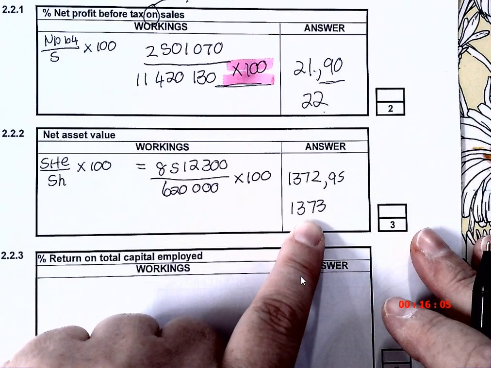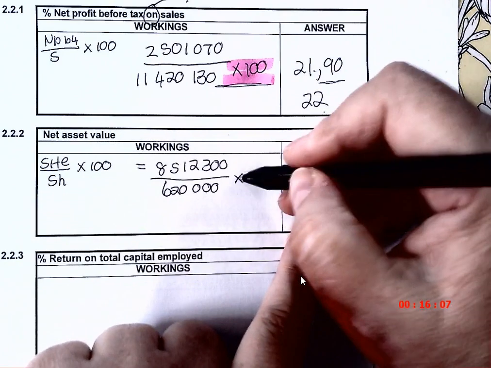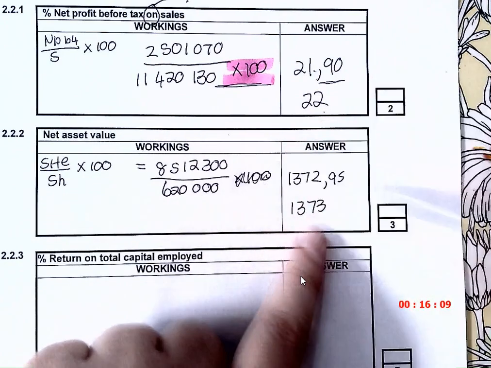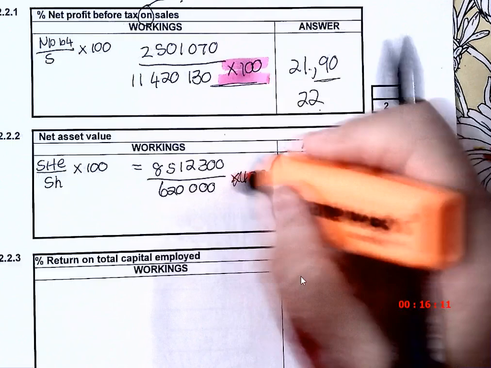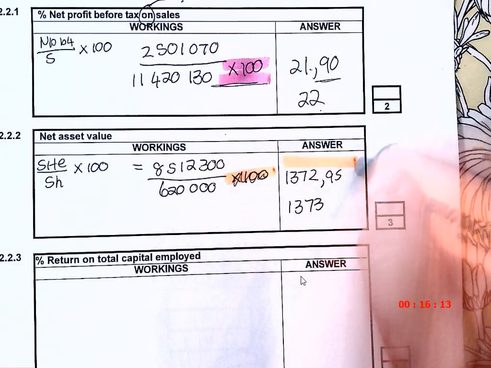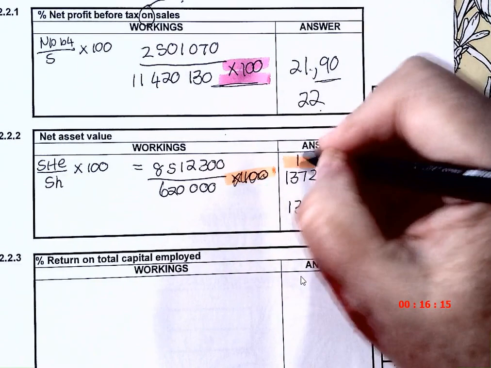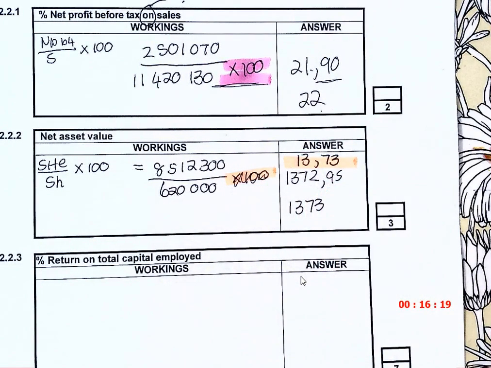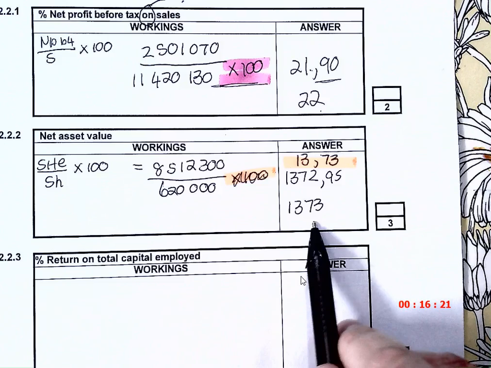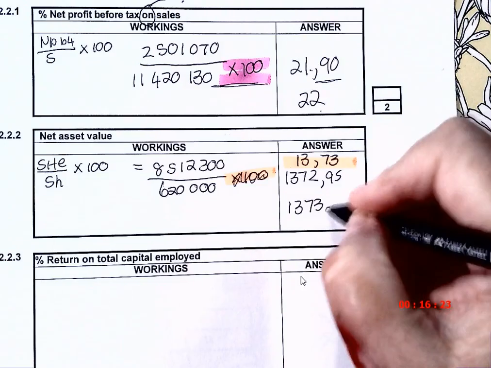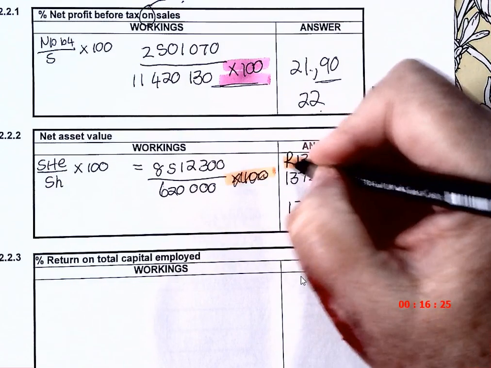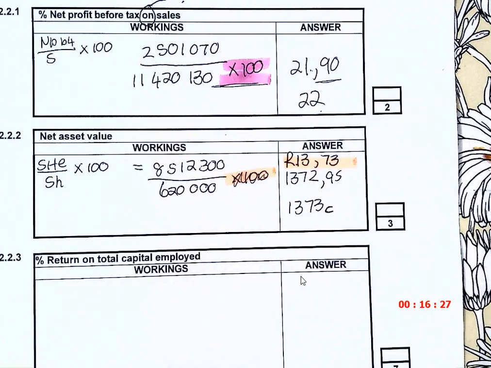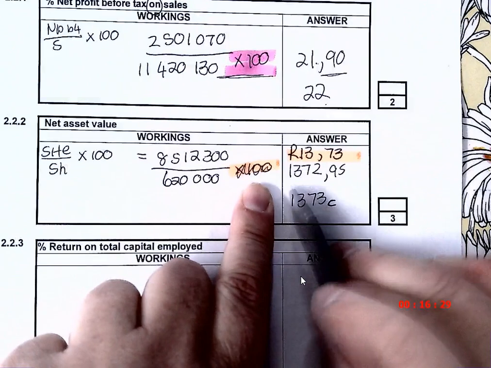So what if I didn't say times 100? Let me just show you. If I didn't say times 100, my answer would have been 13.73. Can you see? But if I times with 100, my answer is then, because this is cents and this is rands, if you have 100 there, you'll have a big figure.